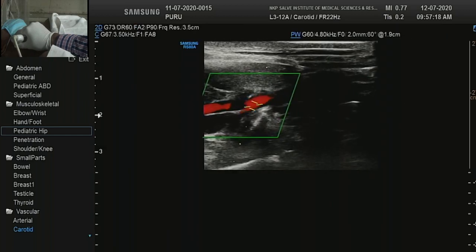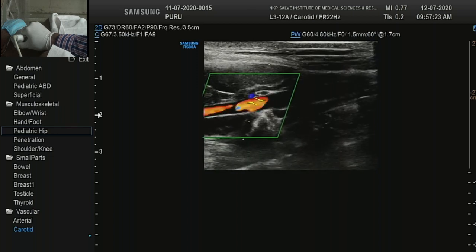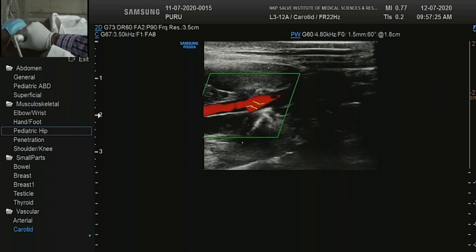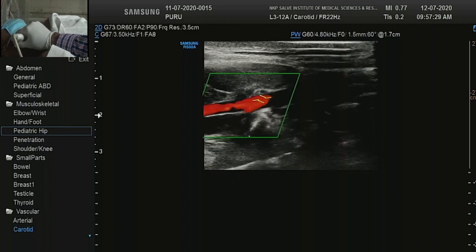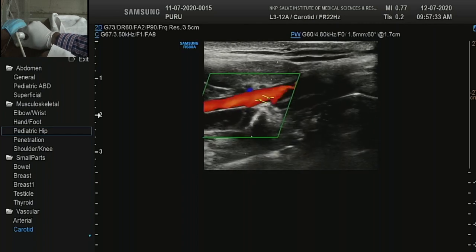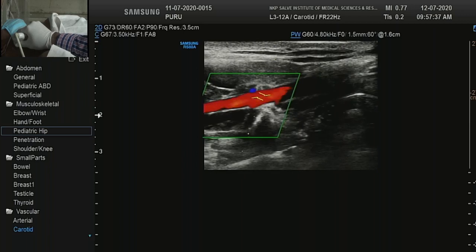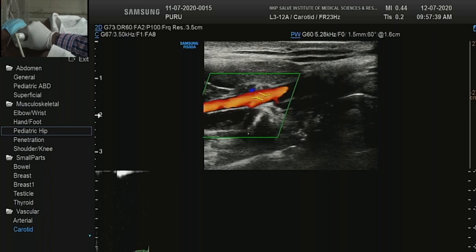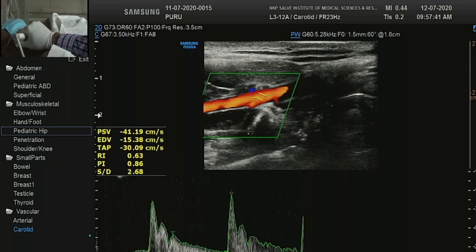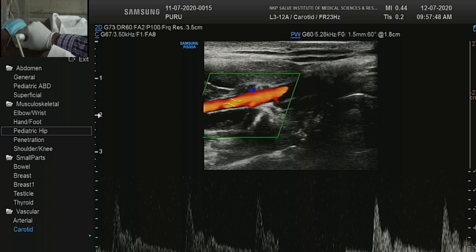We'll just see the spectrum here. I'll reduce the sample volume a little bit. I reduced it to 1.5 millimeter because the vessel diameter is less, and we'll not sample here at the branch. We'll see in the lumen, and in the lumen, this is in between two branches, we will sample it. Or you can sample here also.